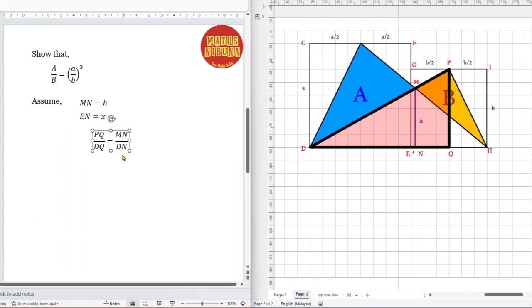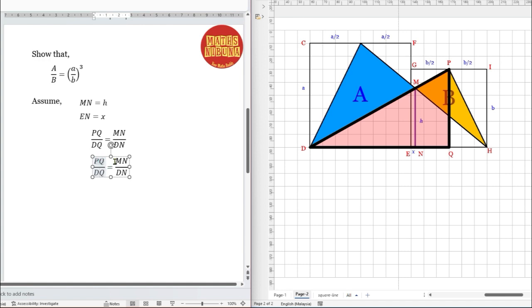So now what are PQ, DQ, MN and DN? PQ we know is B. DQ is from here to here.